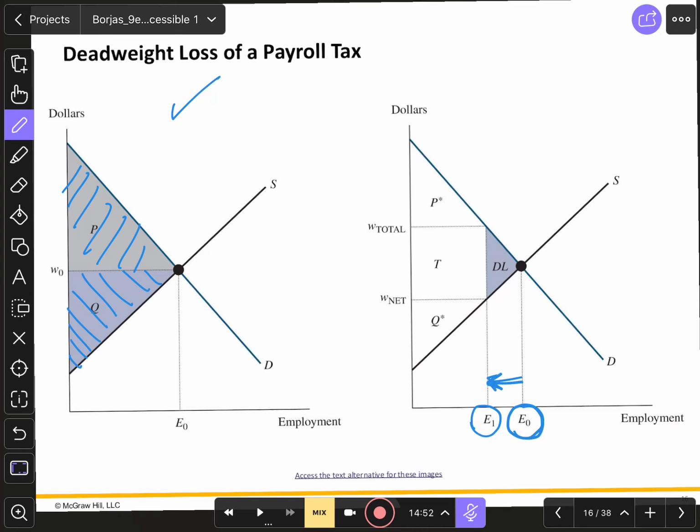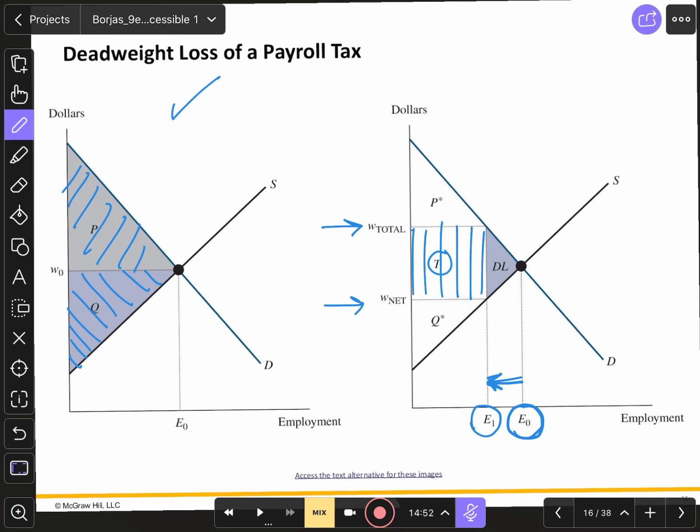I have a total wage, right? How much I get from the employer, but I also have a net wage, which is after tax. Looking at this rectangle, which looks like a square, the insertion of this square in between the P and Q means a reduction in the producer's surplus.